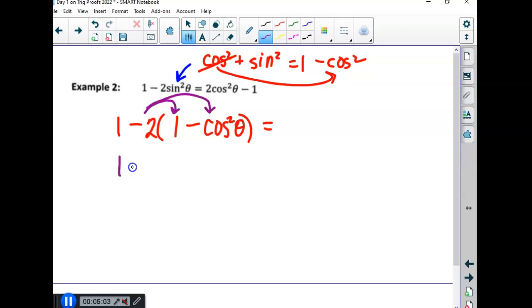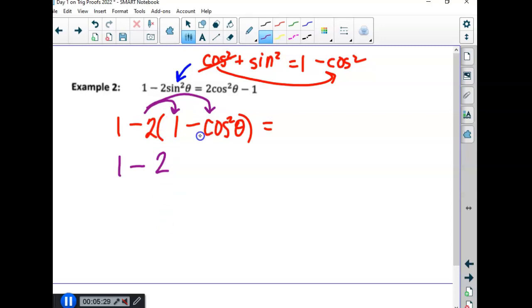So it's 1 minus negative 2 times 1 is a negative 2. I'm sorry, it's just minus 2. Sorry. And a negative 2 times a negative cosine back there would become what? I know this is a quiet class, guys, but help me out here.